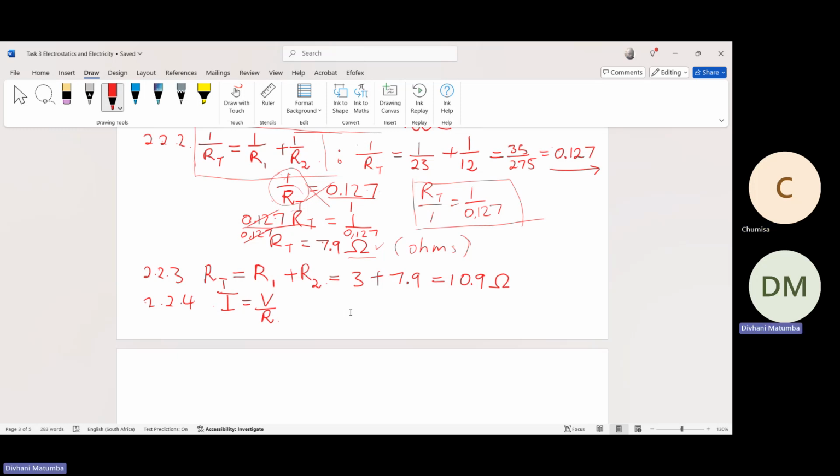Now, how do we find the current? Do we have the total potential difference? Yes, I think so. It's how much? 10.9 ohms. Yes, sir. Is that the potential difference?